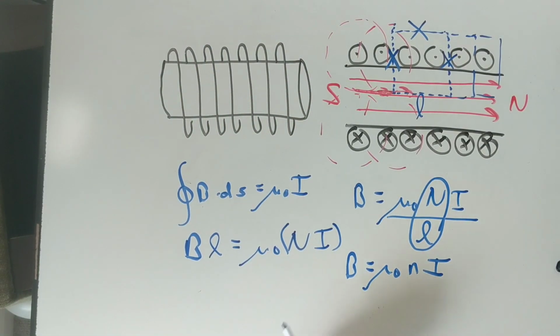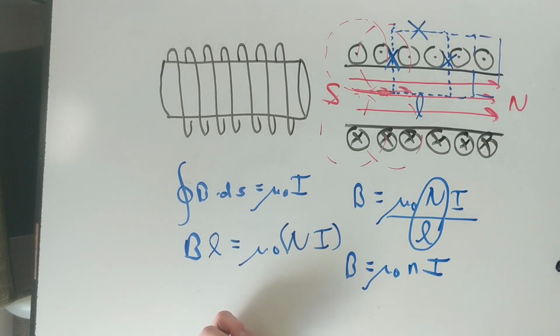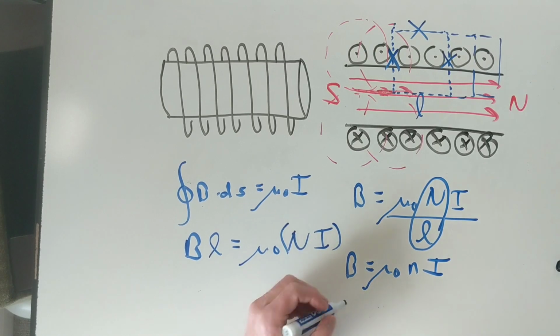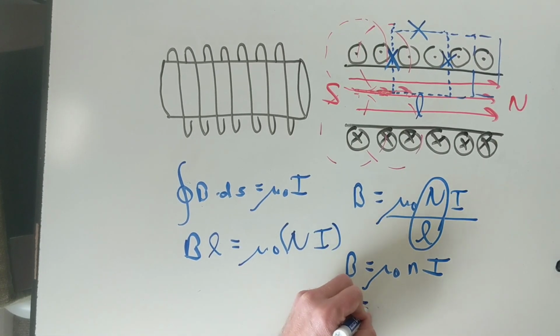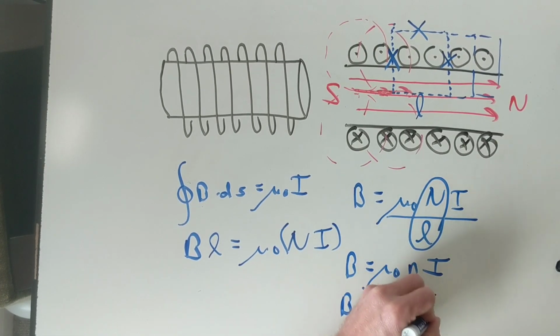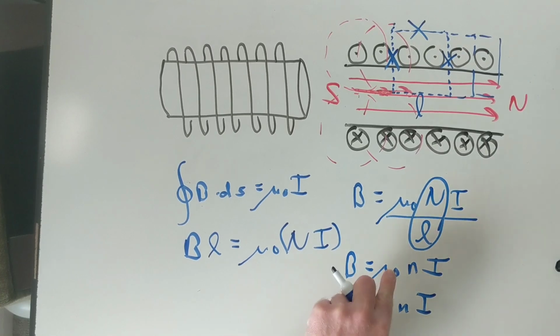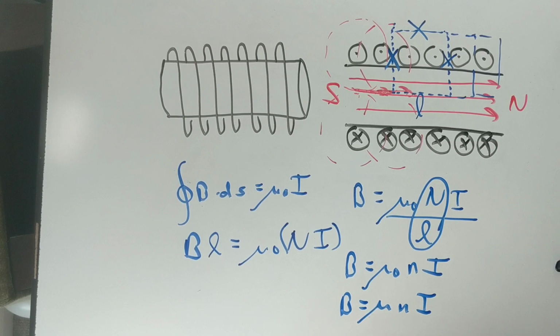And technically at that point, it will no longer be mu naught, because mu naught is the permeability of free space. It will be the permeability of iron, mu Ni. And this is a lot stronger than this. It's a much bigger number. I don't happen to remember what the number is, but because the domains will have lined up, you will have produced a much stronger electromagnet.